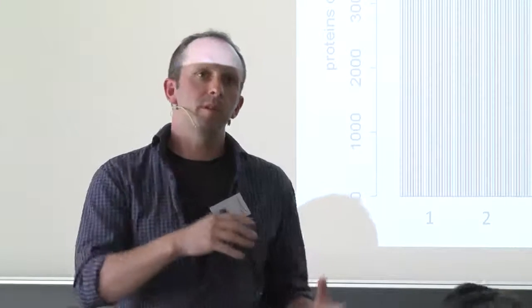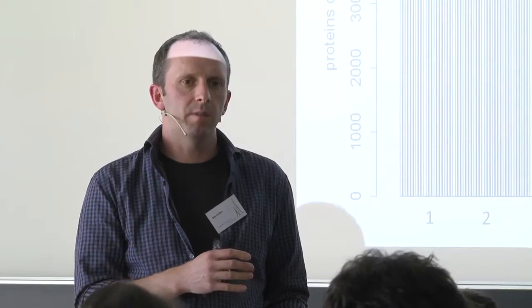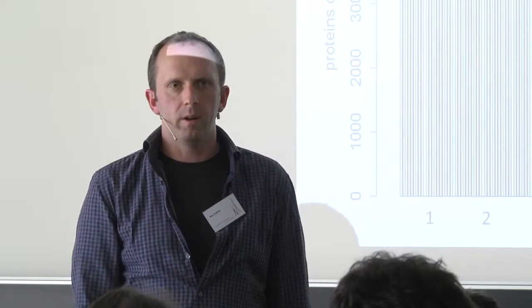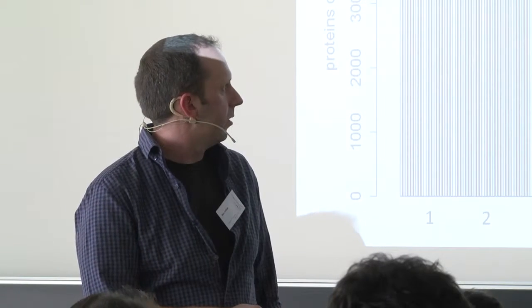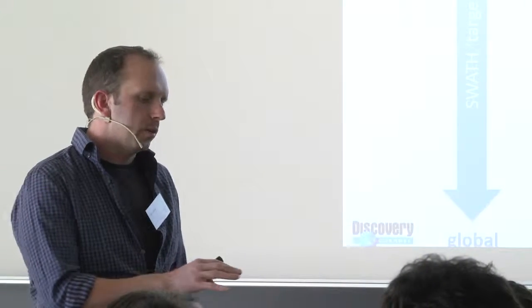But in principle, there's nothing stopping you from analyzing post-translationally modified peptides. There are just some more precautions you need to put in place in terms of the spectral libraries and how you interpret them.